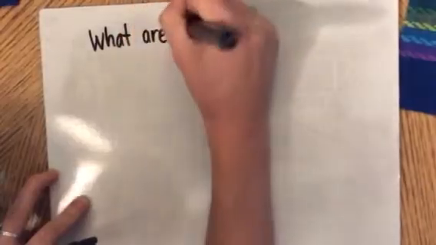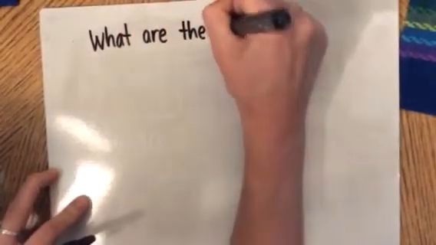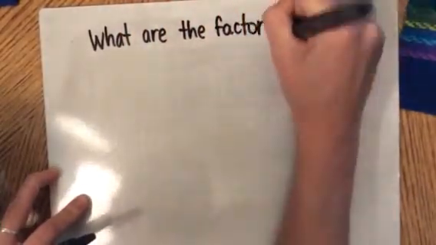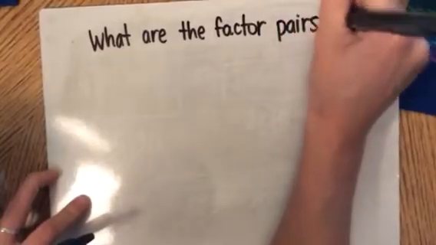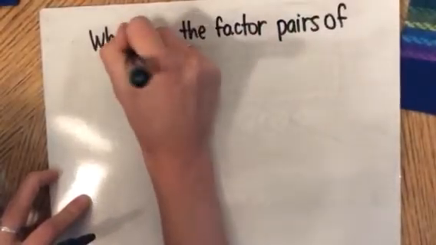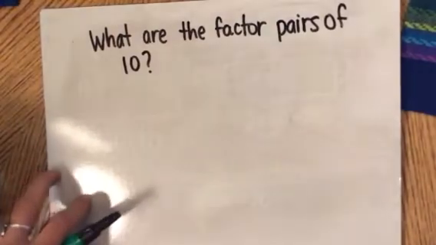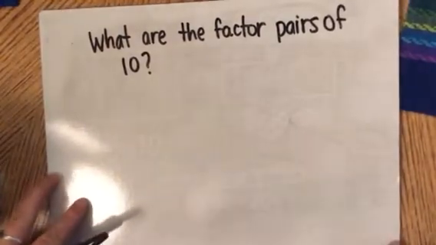So this question is, find all of the factor pairs of 10. What are the factor pairs of 10? Okay, so first, we're going to use our rainbow. Okay.